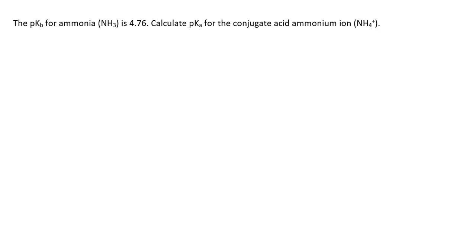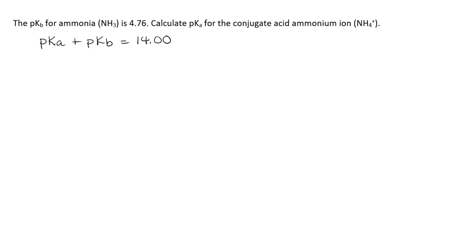And in our final example, we're given a pKb for a weak base, and we want to calculate the pKa for its conjugate acid. Here, we can use the relationship pKa plus pKb equals 14.00.